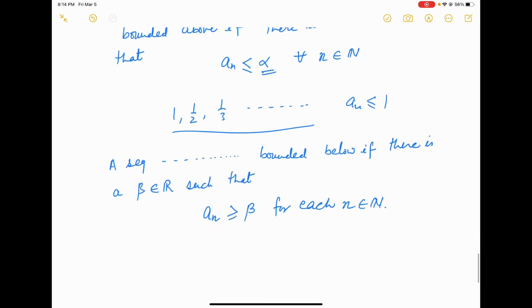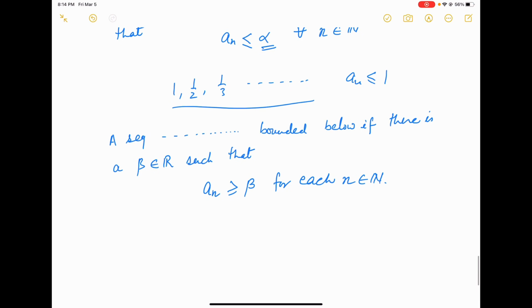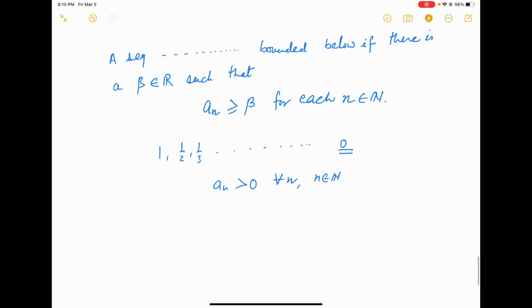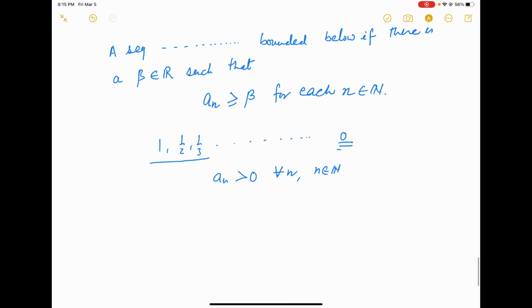Then this sequence is called bounded below. For example, in the above sequence 1, 1/2, 1/3, the elements are reducing, but they all are positive and never become 0. 0 is not an element of this sequence, but a_n is greater than 0 for all n. So this sequence is bounded below by 0.